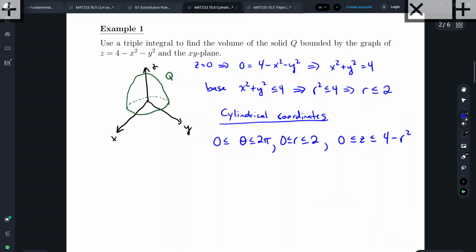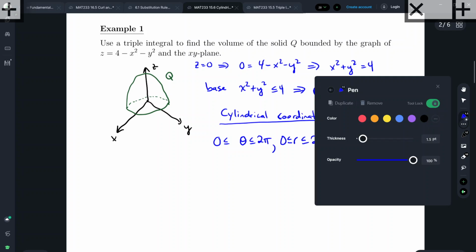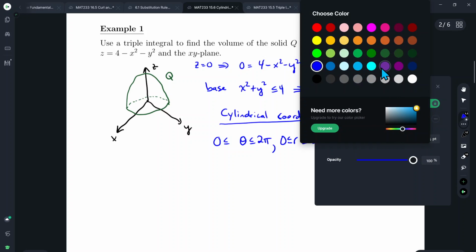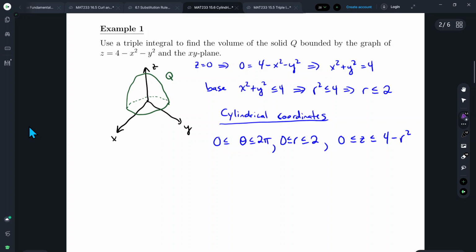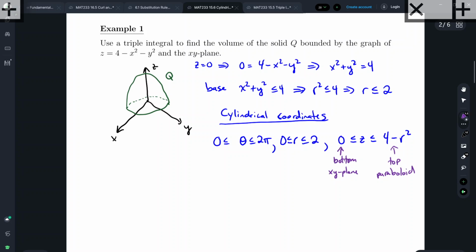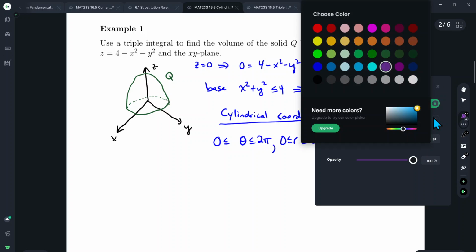So again, this is the bottom, which is the xy plane, and the whole thing here is the top, which is the paraboloid. Okay, so this is the description in polar coordinates.